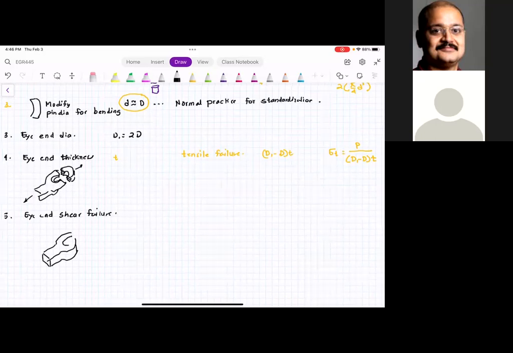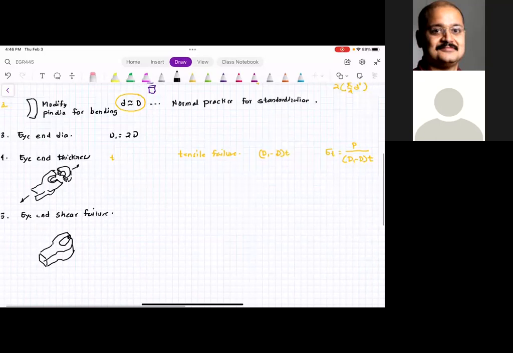This can happen like this, and you have this small piece that can come out.